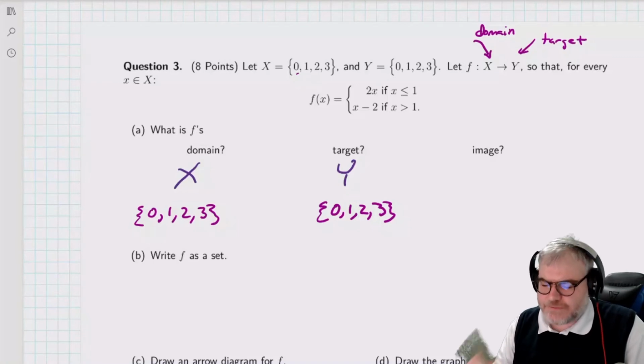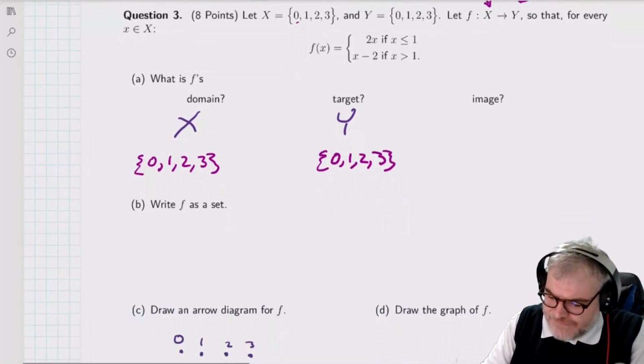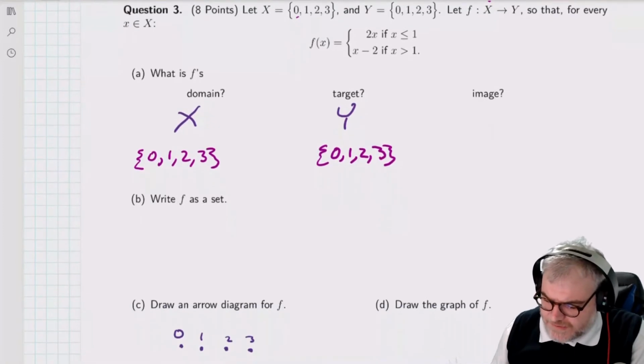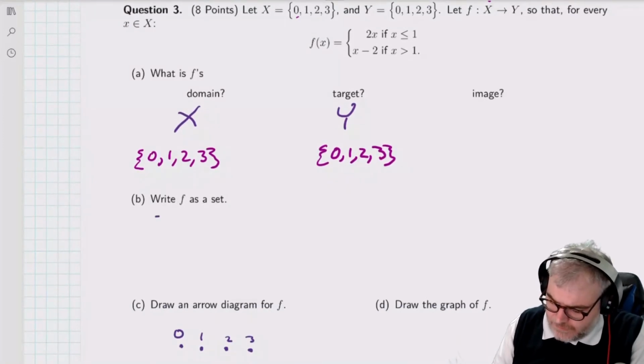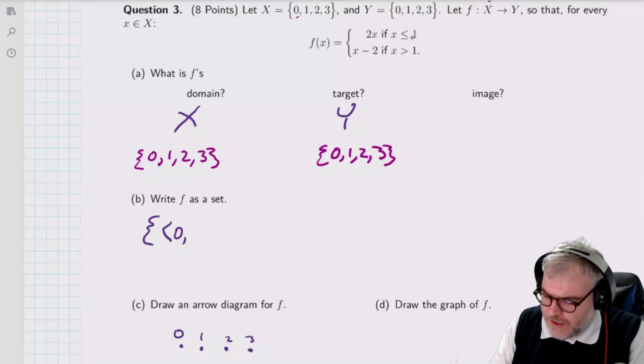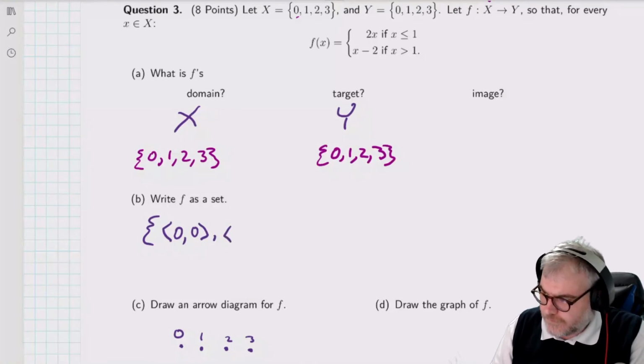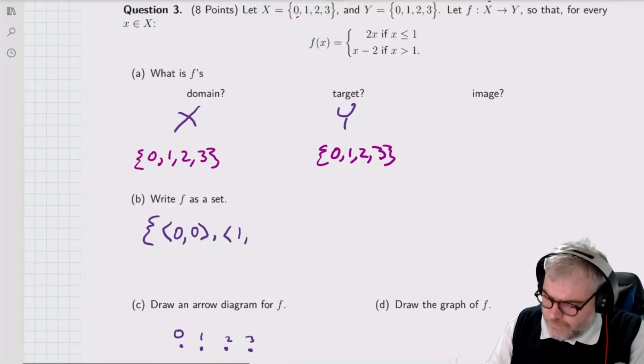What is the image? Well, I'll take that. I'm going to do that in just a moment. I'm going to write F as a set first because that'll show you what the image is. What's the set? If I write this as a set, if I input 0, what do I get out? Well, 0 is less than or equal to 1, so I get 0. If I input 1, what do I get?